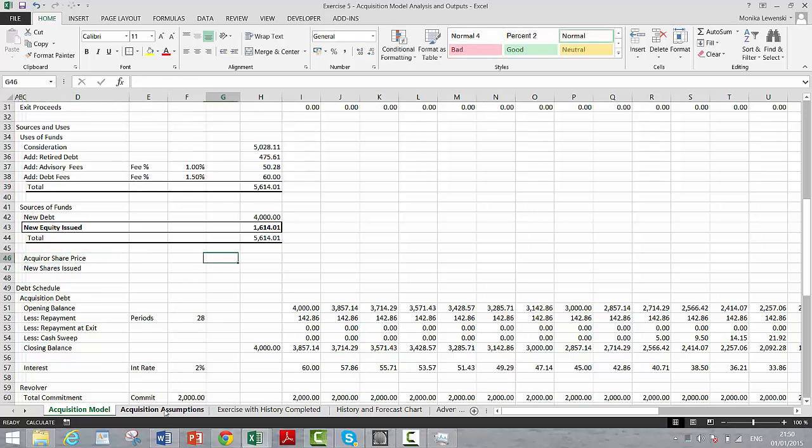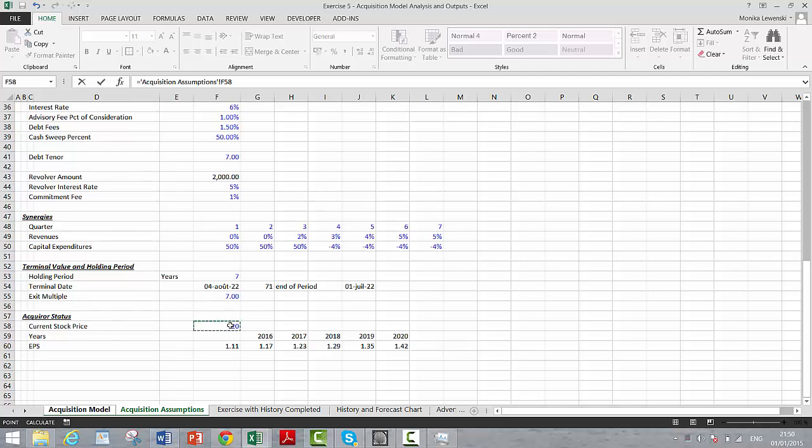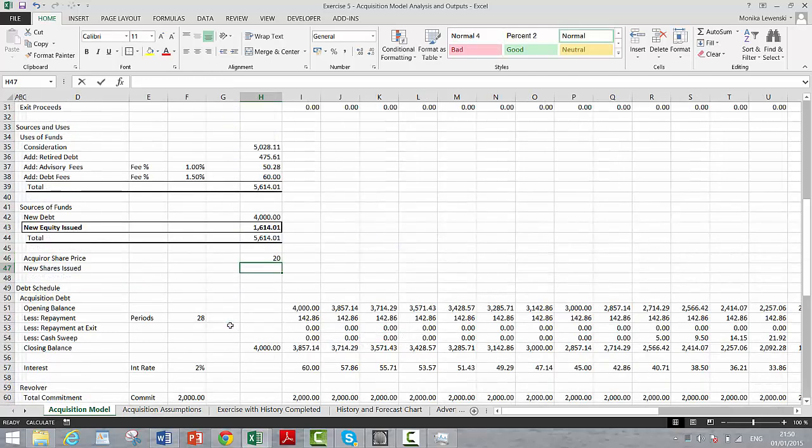And where was that? That was on 20. So the new shares issued are this divided by 20, because if we multiply 80 shares times 20, we get that result. Okay?